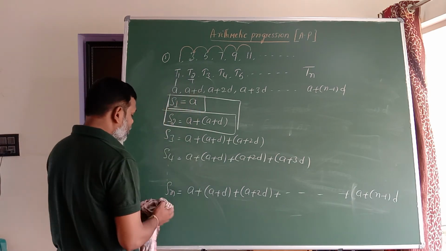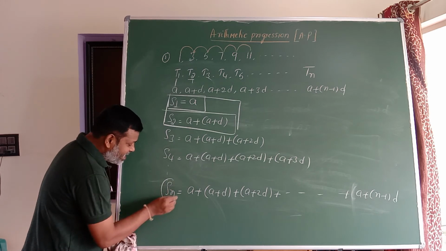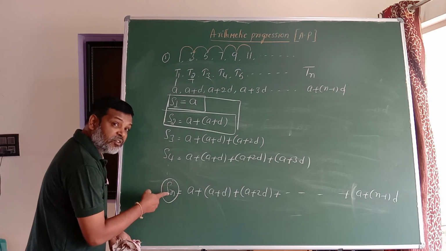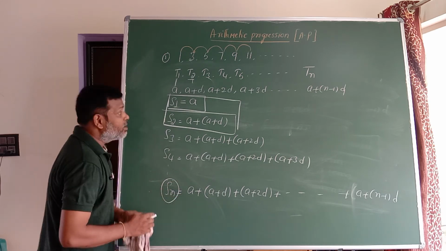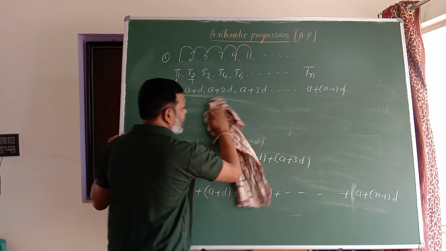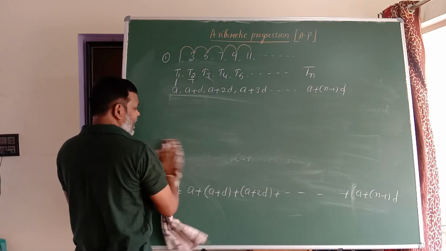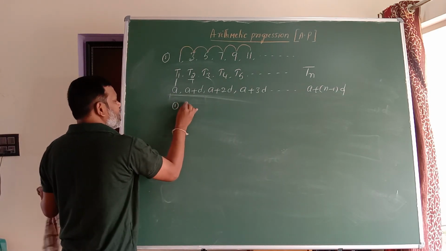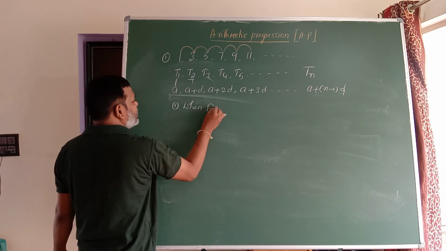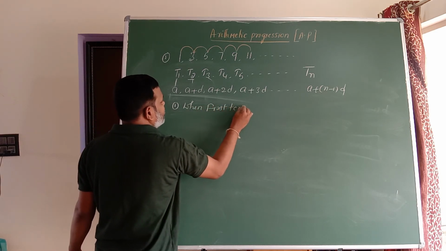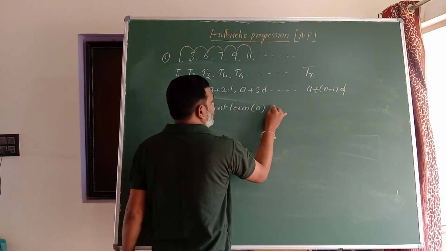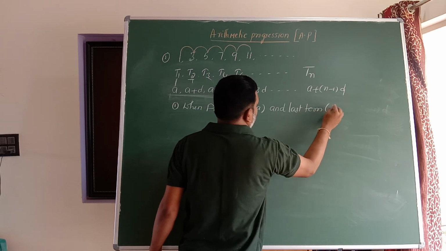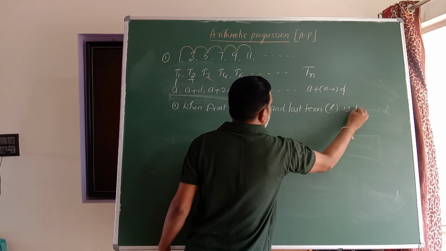Have a look on this. What is the meaning of Sn here? Sn is the sum of n terms, or the sum up to n terms, or the sum from first to nth term. How can you get this? We have two formulas to find out the sum. The first condition is when the first term, which is A, and the last term, denoted by L, are known.